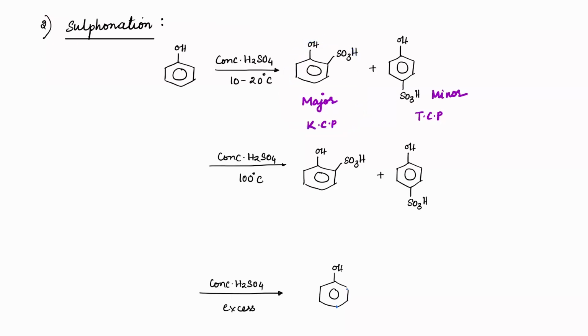Why is it called the kinetically controlled product? If you notice the intermediate, what we have here is OH here, right? Then we have a double bond with S, double bond O and OH here.